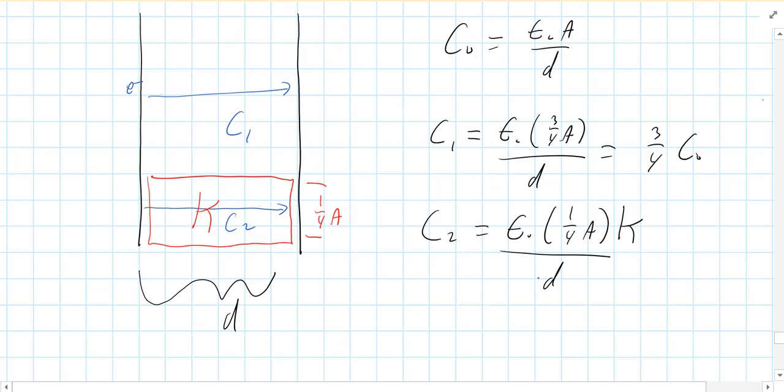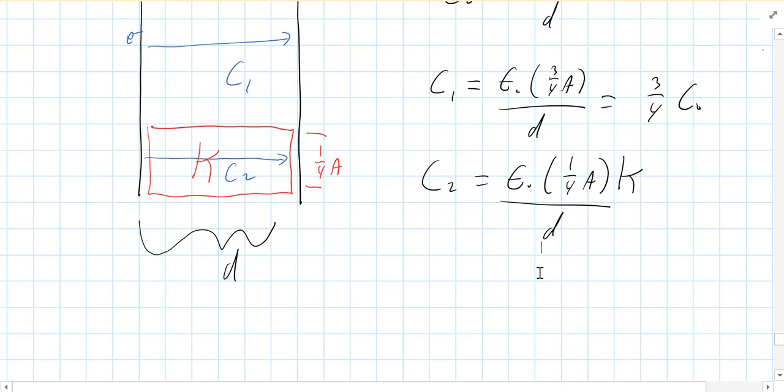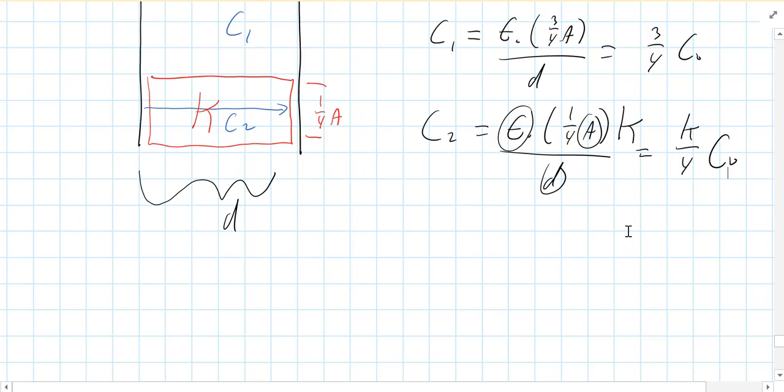Still the same distance, though. So how does this compare to the original? Well, the original was epsilon naught A over D, and so what I have is the strength over 4 times the old. Now, because these are in parallel, we just add them up.